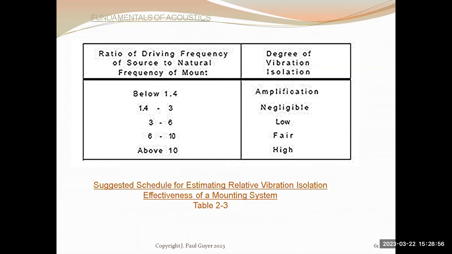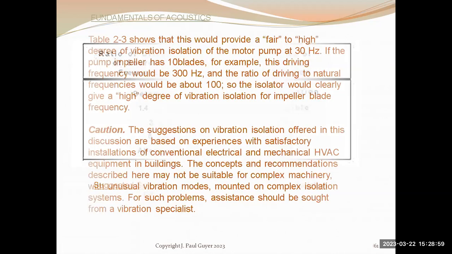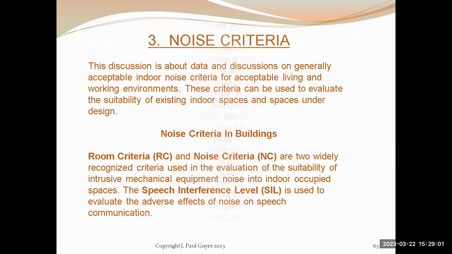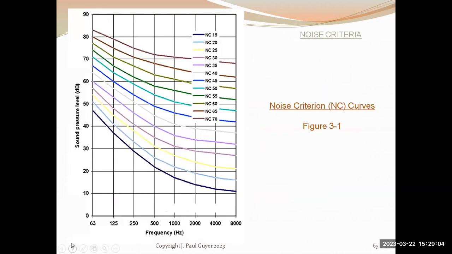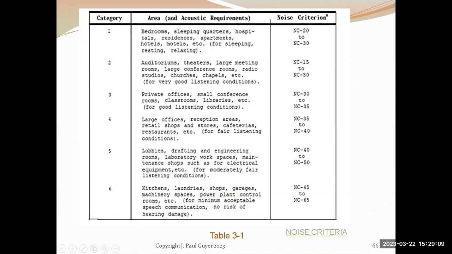Stick with me for a minute. Okay. So your NC curve is your target in building design. You want to construct your building such that in the receiving room, the quiet room, you have an NC such and such environment. So how do you relate these NC curves to human activities in a building?